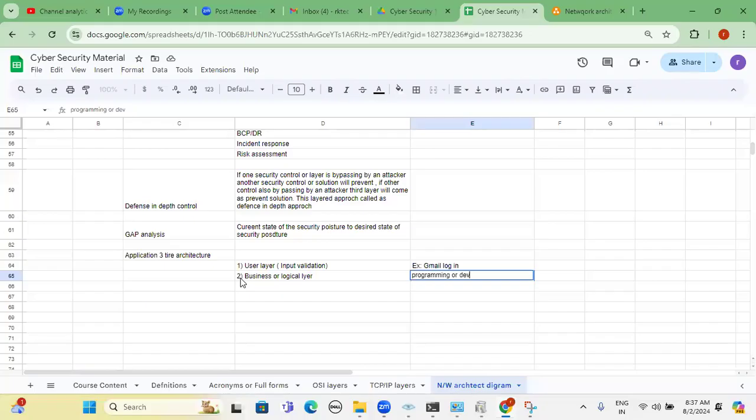It is the programming or development language used to design and develop the logic.